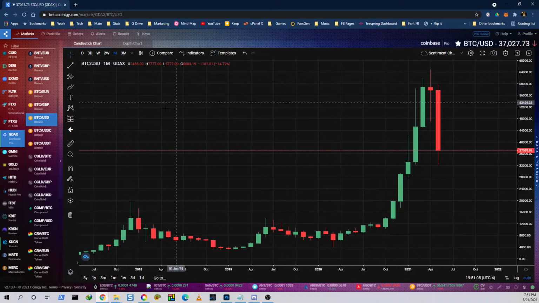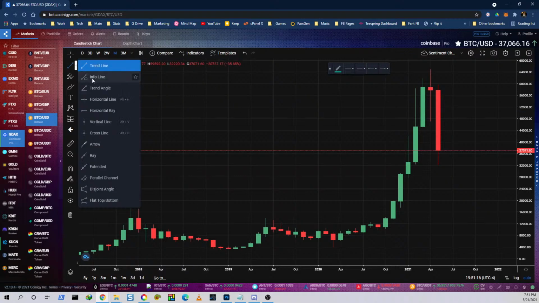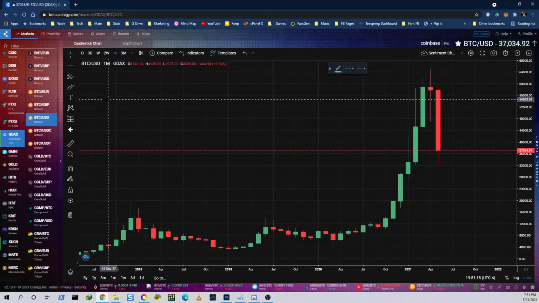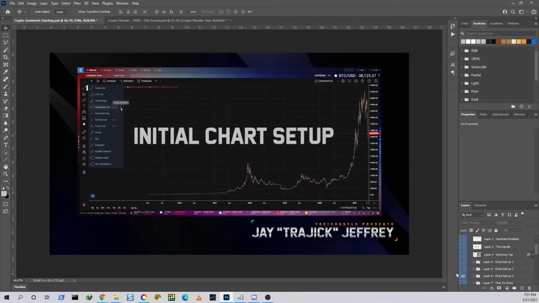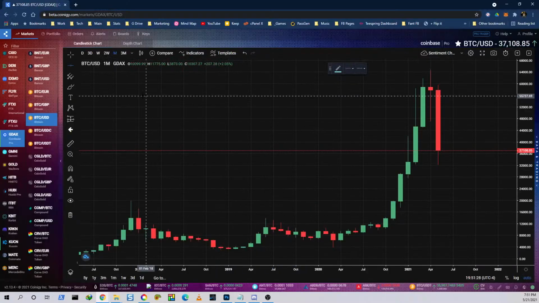So what we do is over here, you see that there's these tools that we can use. What I want to use is switch this over to what's called the horizontal line tool, which, let me go to my Photoshop because I know I am on that screen now. There we go. What we're going to do is you're going to use this line tool.